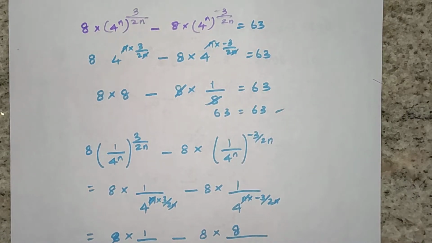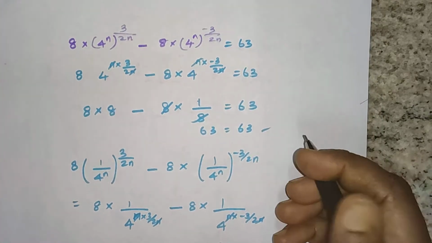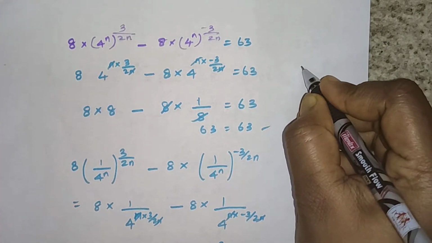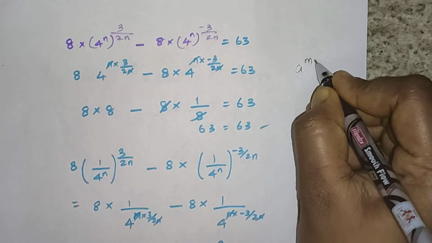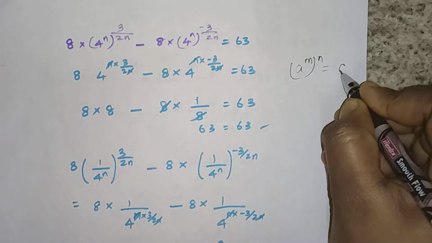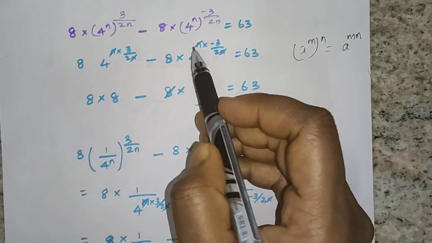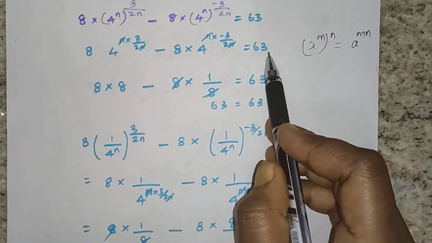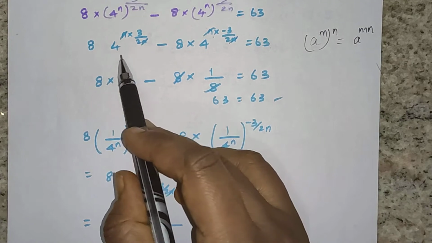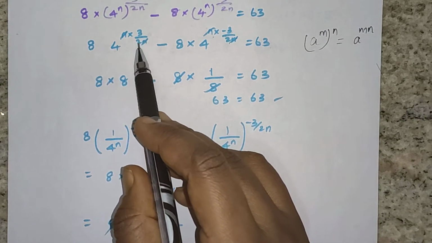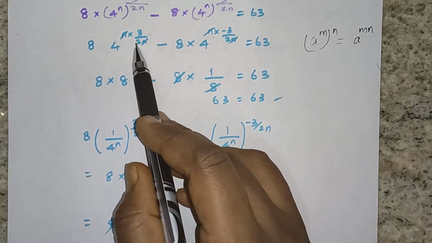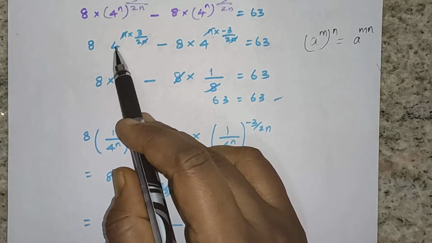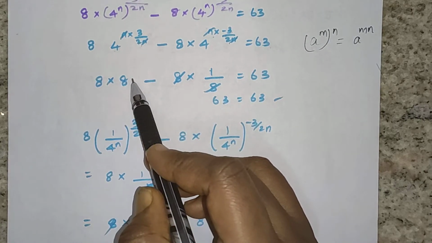This is the law of exponents: a power m the whole power n means a power m into n. So n into minus 3 by 2n, n gets cancelled. So 4 power 3 by 2. 1 by 2 means root, root 4 is 2, then 2 cube is 8.